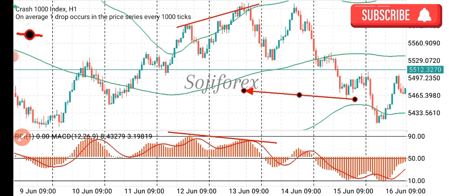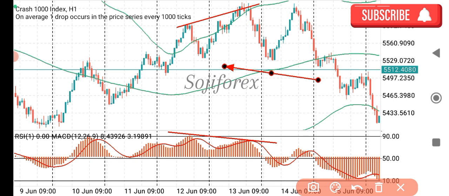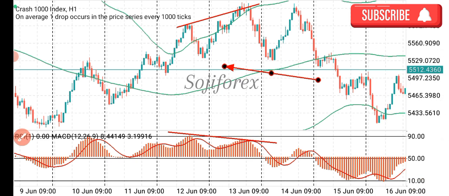So although the price weakness is not visible with the price action, the indicator is telling us that there is a sort of weakness on our chart already. So we need to begin to think that there might be a reversal.